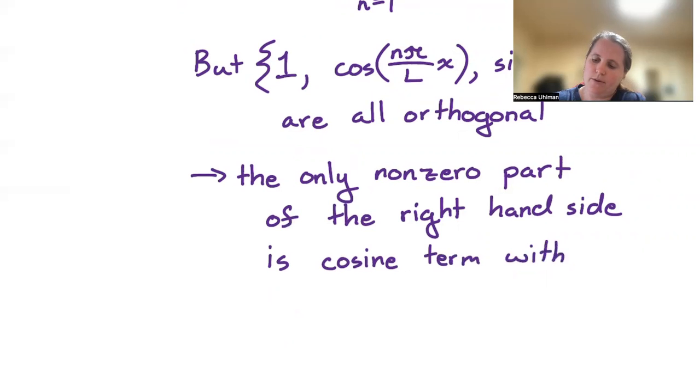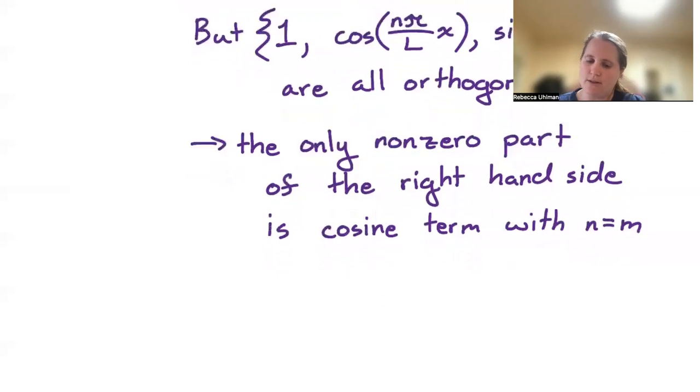For orthogonal functions, doing the definite integral from negative L to L of a function times itself doesn't have to give 0. It's only when we use distinct functions.